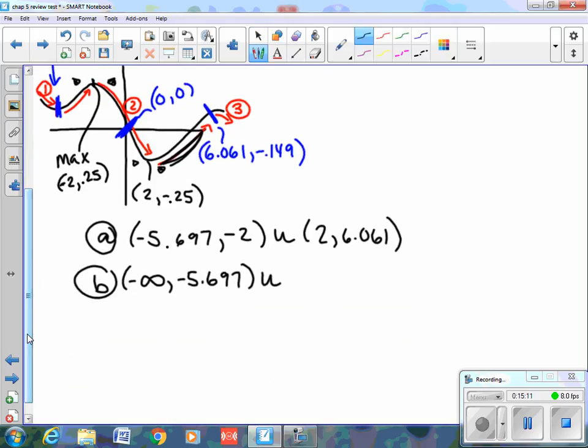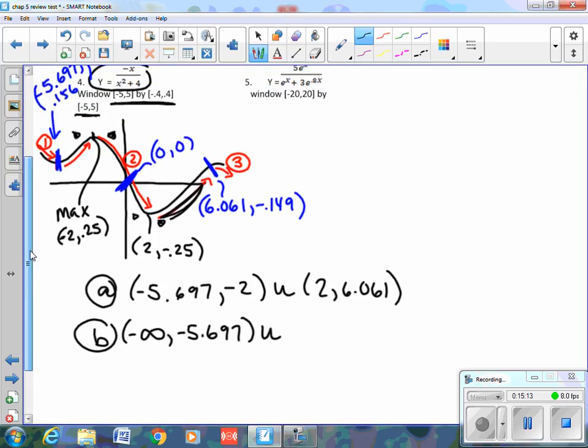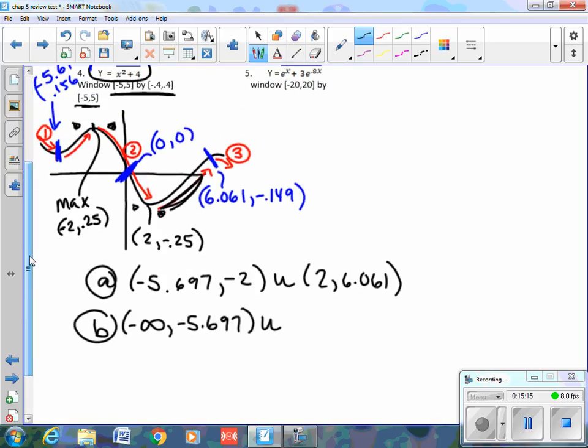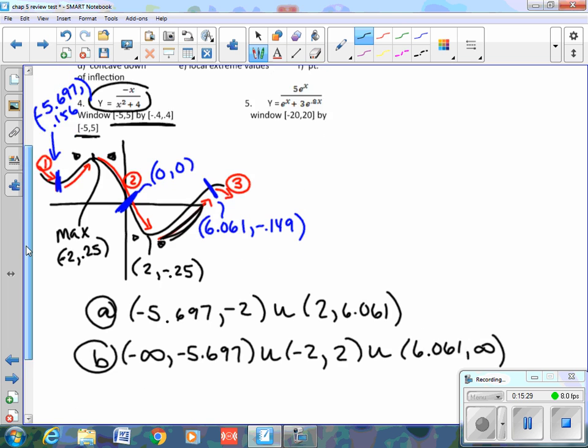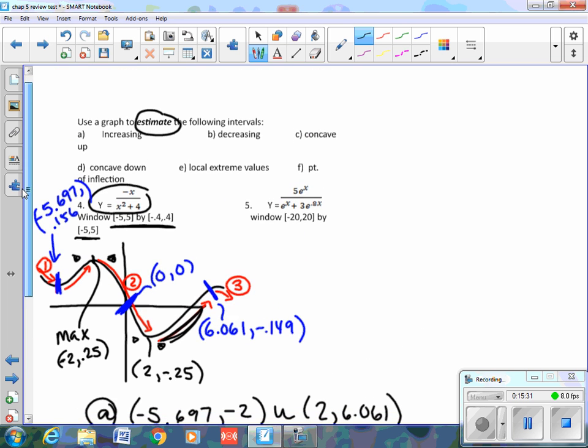A negative infinity to there, and then union with a negative 2 all the way down to a positive 2, union with 6.061 to infinity.